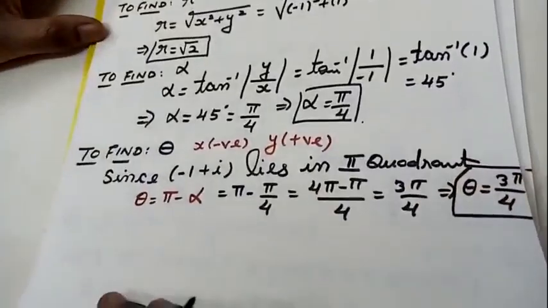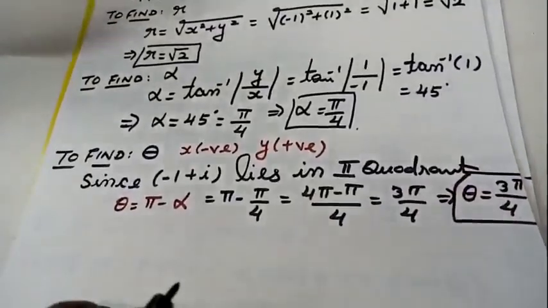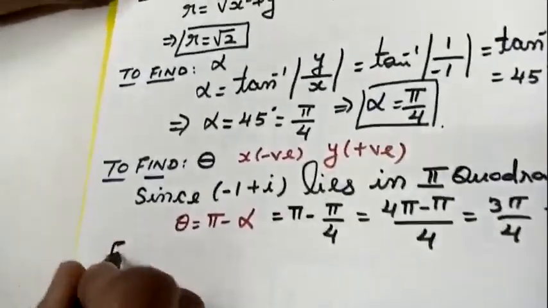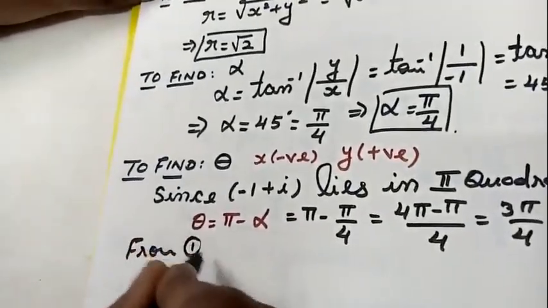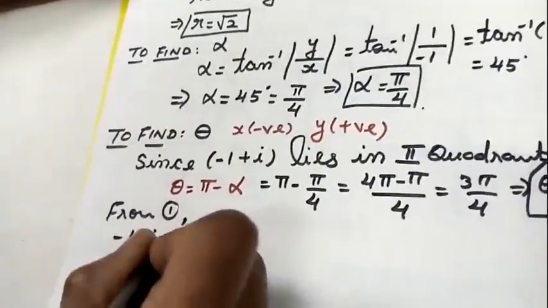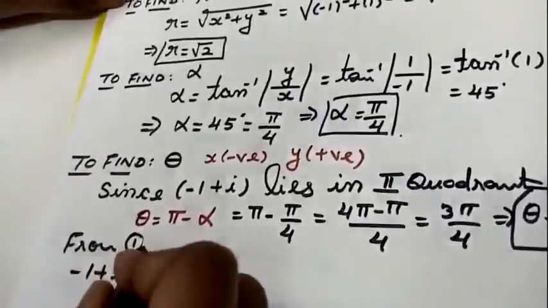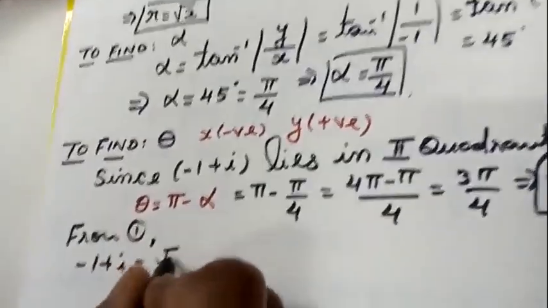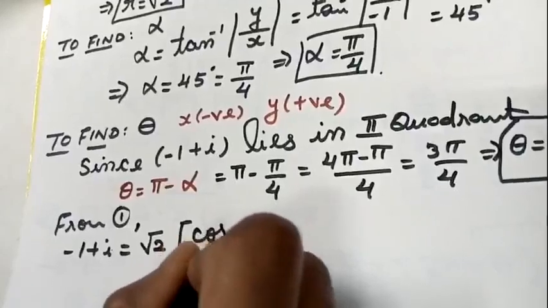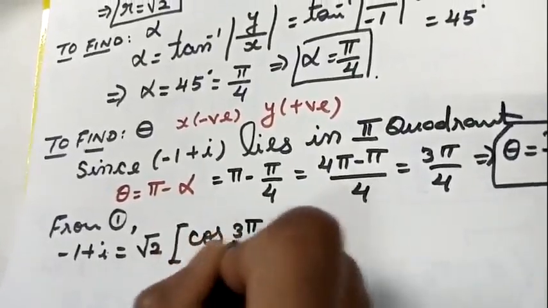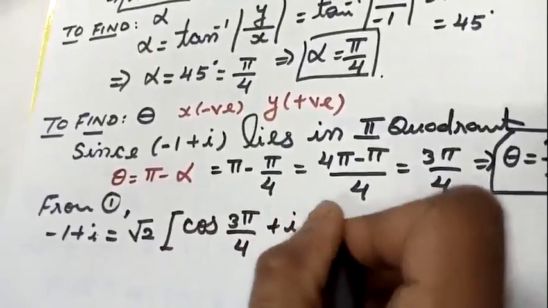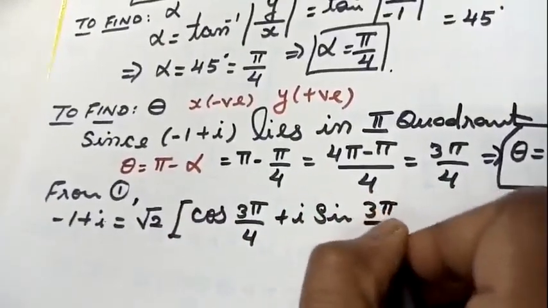After finding theta, what I am going to do is replace r and theta in 1. Therefore, from 1, just for your understanding I am writing like this, students: minus 1 plus i is equal to, instead of r I am going to write root 2, that is cos 3 pi by 4 plus i sin 3 pi by 4.